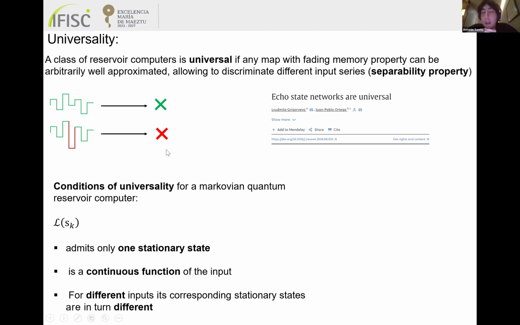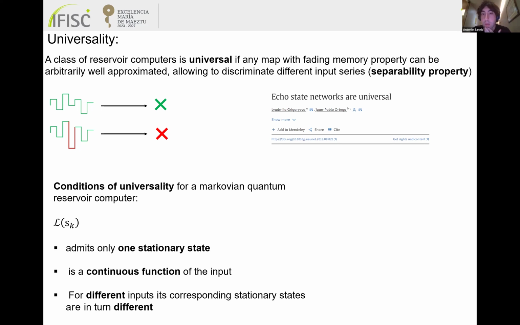As I said, the dynamics of our quantum reservoir is generated by an input-dependent Lindbladian. And if this input-dependent Lindbladian respects these three properties, so if the stationary state of this Lindbladian is unique, if the Lindbladian is a continuous function of the input, and if for different inputs the corresponding stationary states are different, we know that we can find a class of reservoirs that evolve according to this Lindbladian that are universal.